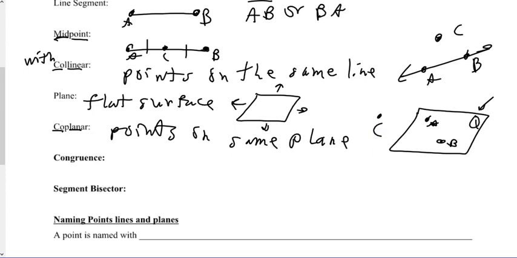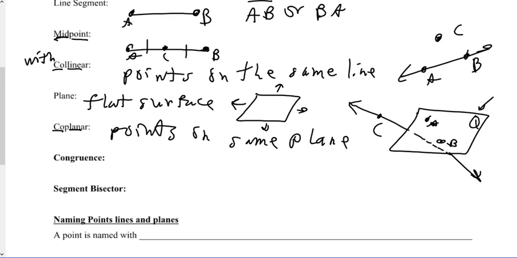It might be above the plane, it might be below the plane, but it's not on the plane. You've got to think three-dimensional. So for example, if I drew a line coming through the plane, like so, think about sticking your pencil through your paper, point C is on that line that might be below or above the paper.